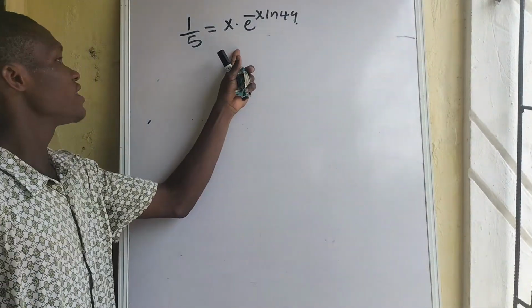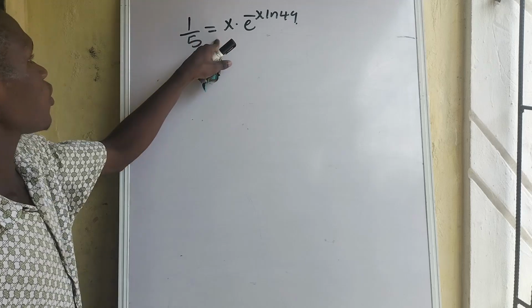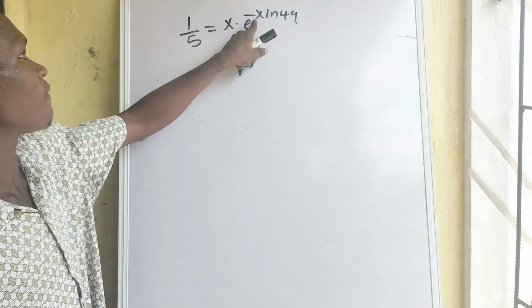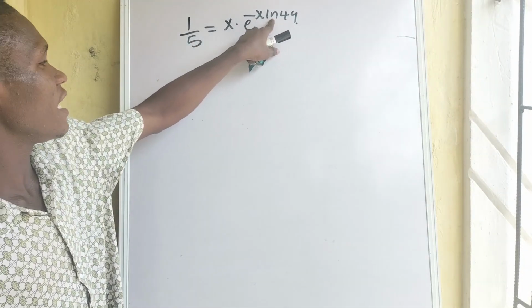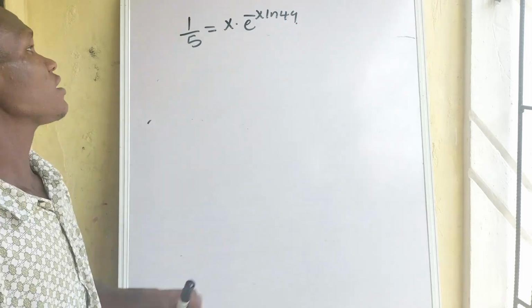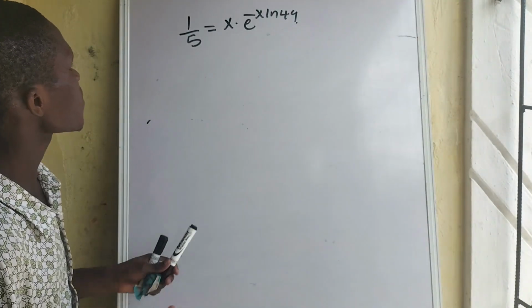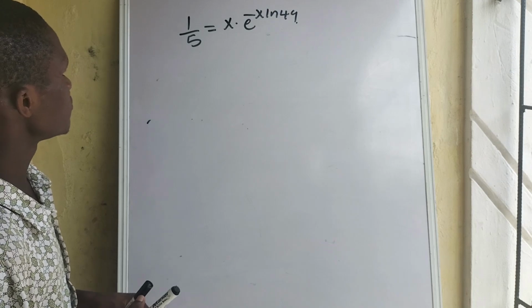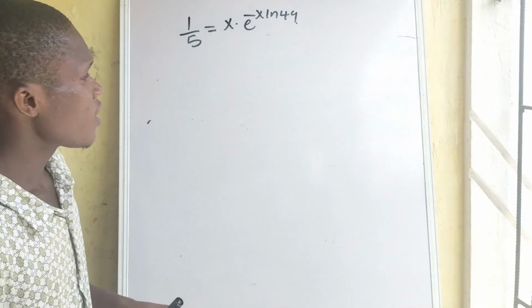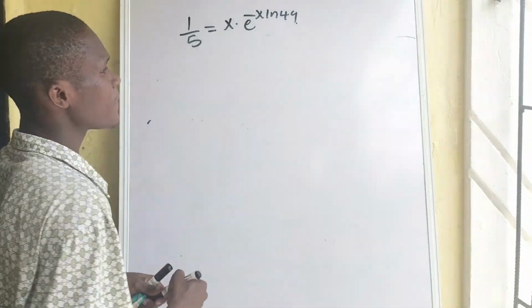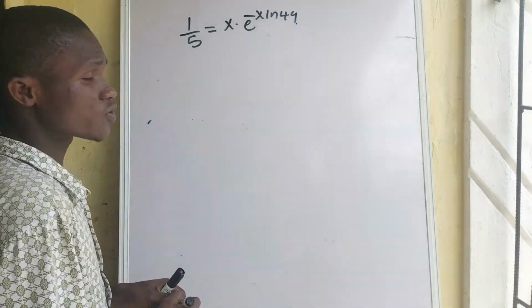We now have 1 over 5 equals x times exponential of minus x ln 49. Well, what then are we going to do from here? Before I go further, let me introduce the Lambert W function to you if you are new to it.